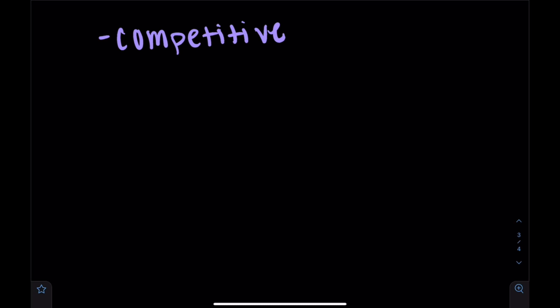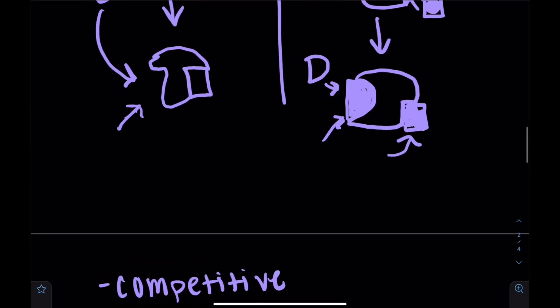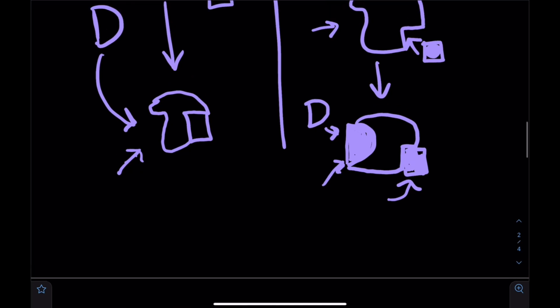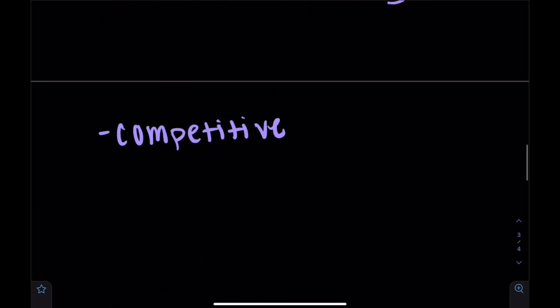And if you'll remember, with our allosteric inhibitor, it never bound to the active site. It only would bind to the allosteric site. So allosteric inhibitor will only bind to the allosteric site. And then competitive inhibitor, that will be what binds to the active site.